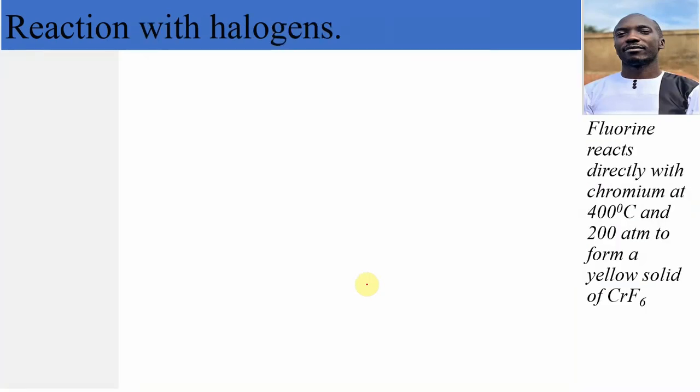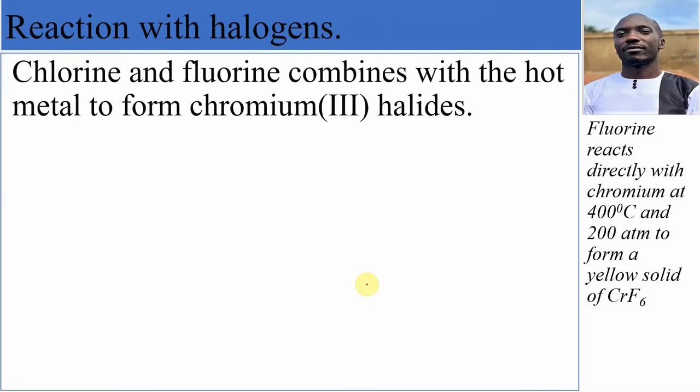Then with halogens, we can say that chlorine and fluorine combine with hot metal. So still we have a condition of heat. To have them hot, it means that you must apply heat to form chromium 3 halides. In other words, if you had used chlorine, it would be chromium 3 chloride.